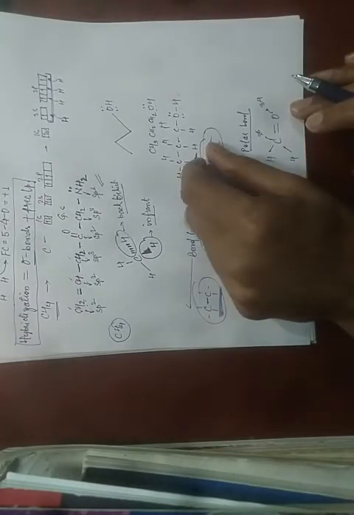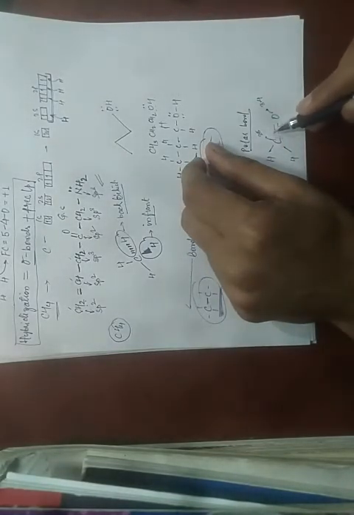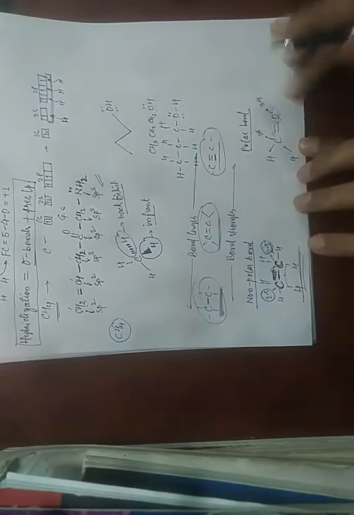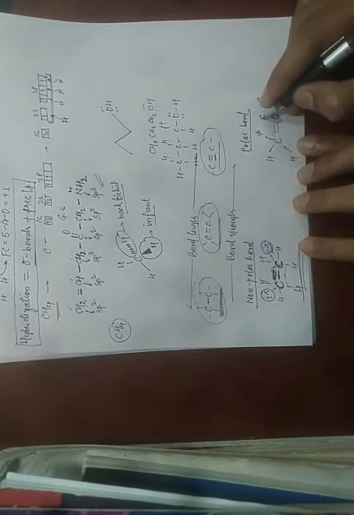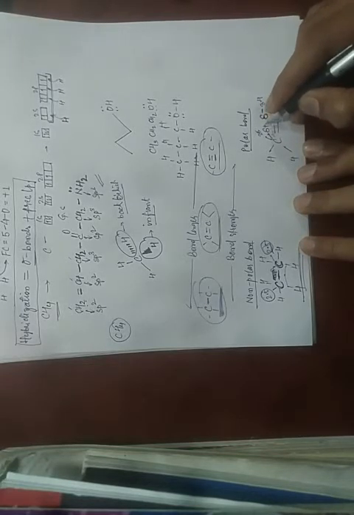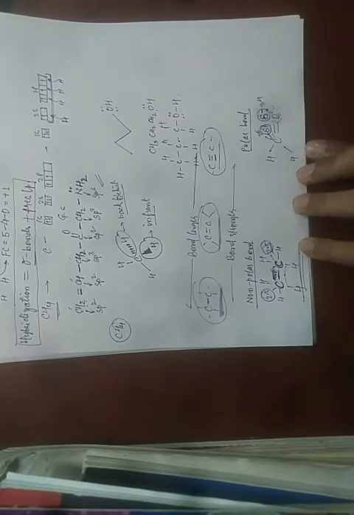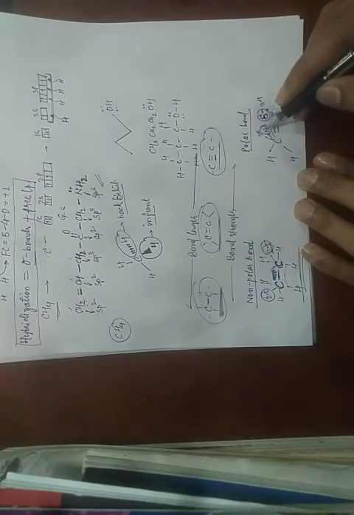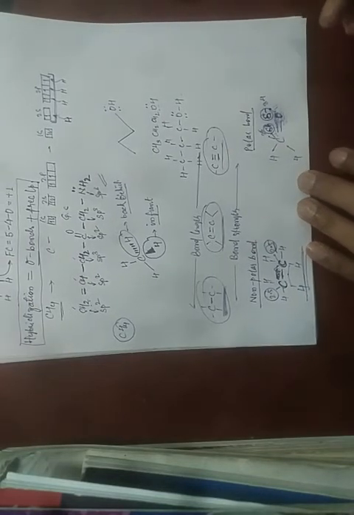Then you will see the electron density will shift towards the oxygen. So this oxygen will carry a partial negative charge, and this carbon will have a partial positive charge because of the electronegativity difference. Since the electronegativity of oxygen is more than carbon, the electron density shifts towards the oxygen, generating a partial negative charge on oxygen and a partial positive on carbon.